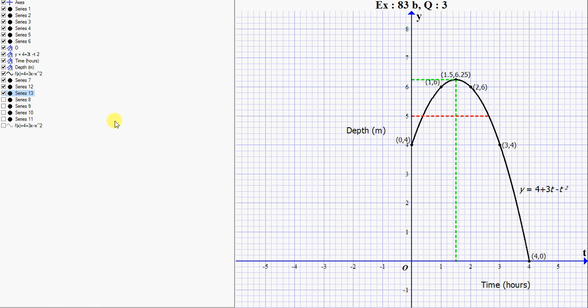From this point we draw a line parallel to y-axis so that we can get initial time, and from this point another line parallel to y-axis so that we will get the final time.